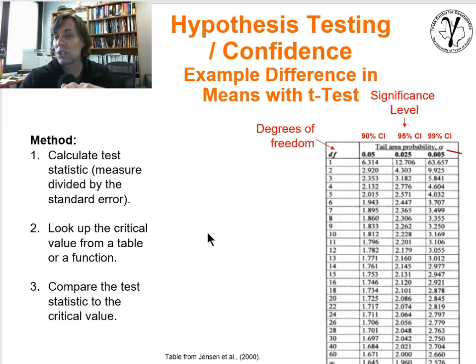So the critical value is just like that. We want to look up the lower and upper bound from the standard statistic distribution given any information that's required, such as the degrees of freedom.